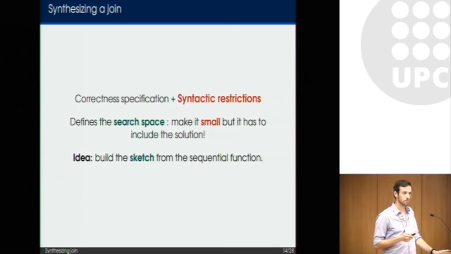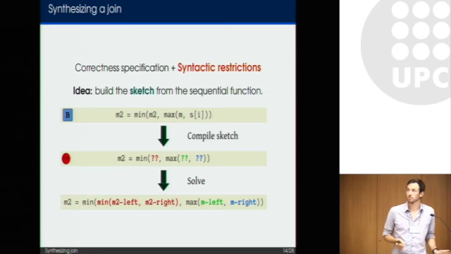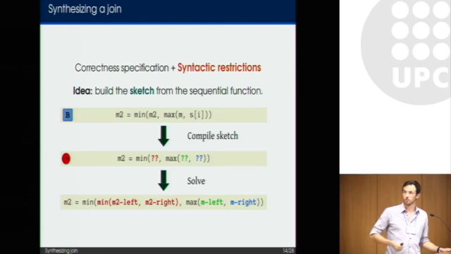So to do that, for example, in the second smallest example, we take the sequential function. We replace every occurrence of a variable by a hole, so we have the red, green, and blue hole. And then the solver will fill these holes with an expression grammar so that in the end, the expression of the join will satisfy the correctness specification.